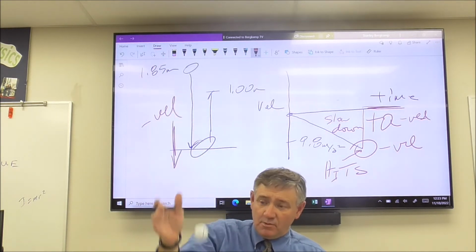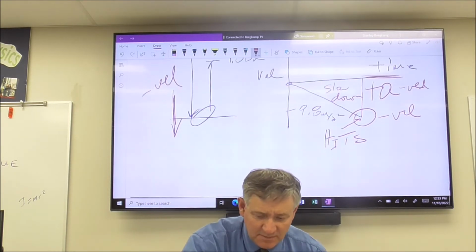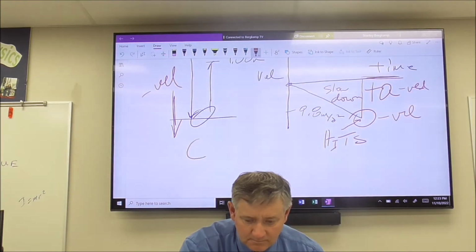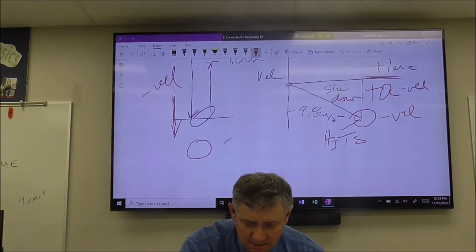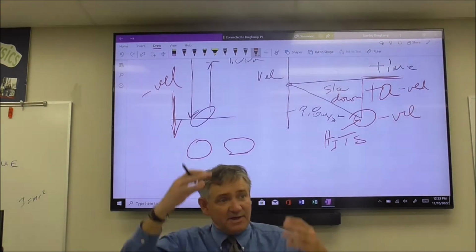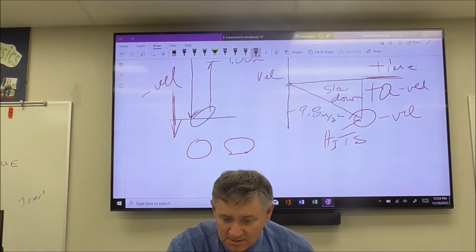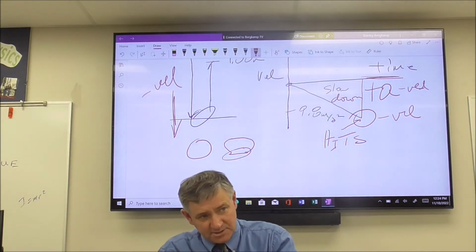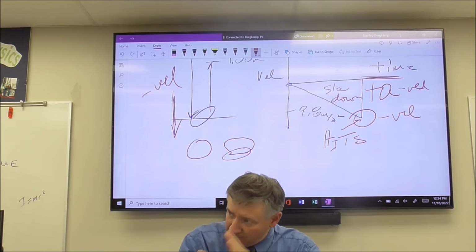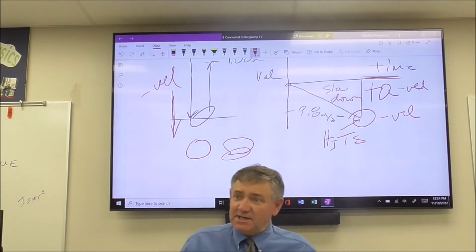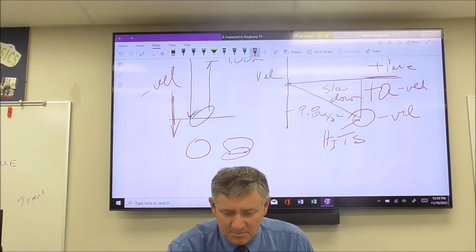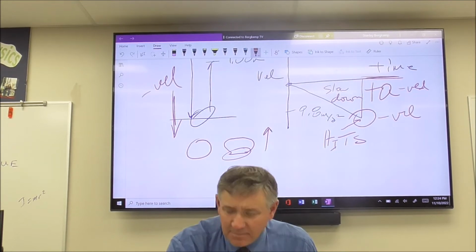What does it do? If you could look at this in slow motion, the ball is going to hit, and the ball is going to get distorted because we're taking that kinetic energy and storing it as potential energy. So when you have maximum compression, that's when the ball is completely stopped. Then Mother Nature goes, not digging it, and pushes that back up.